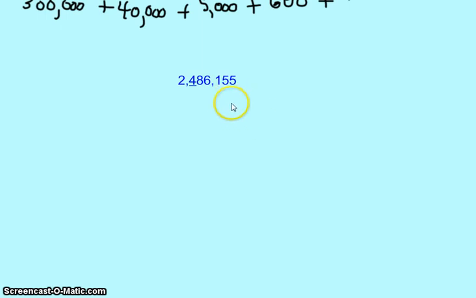Well, first you have to know the place it's in. So we look at the place. That's the ones, tens, hundreds, comma, thousands, 10,000s, 100,000s. So the value of that digit, since it's in the 100,000s, I have 4 of those, and that would be a value of 400,000.